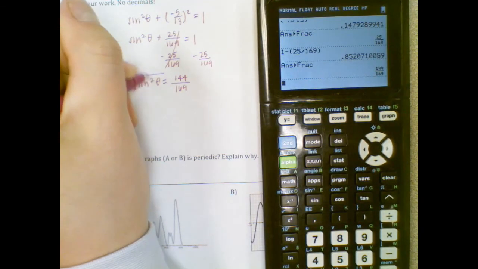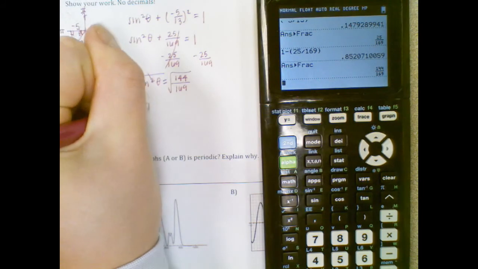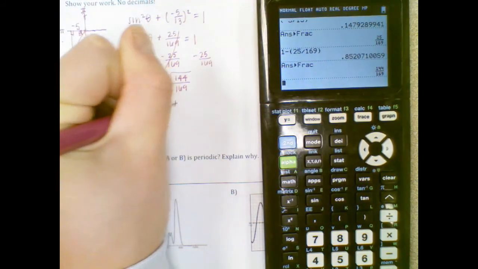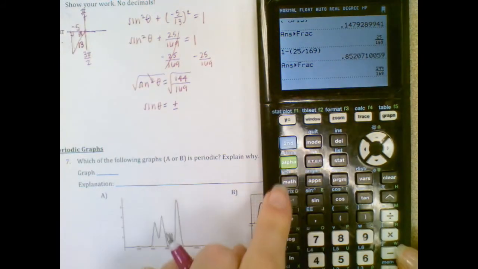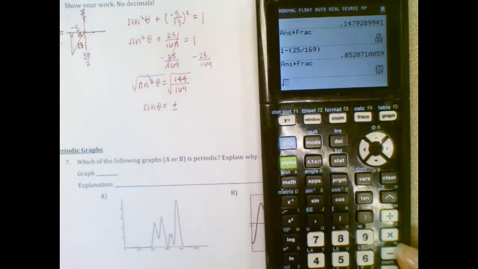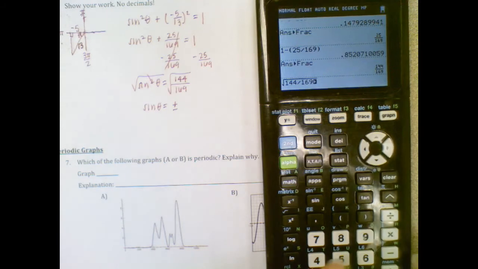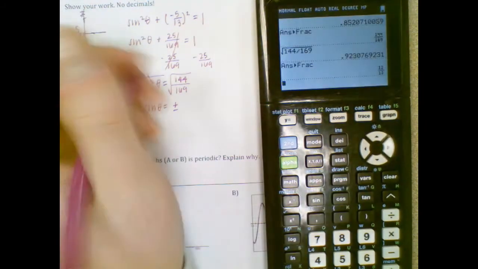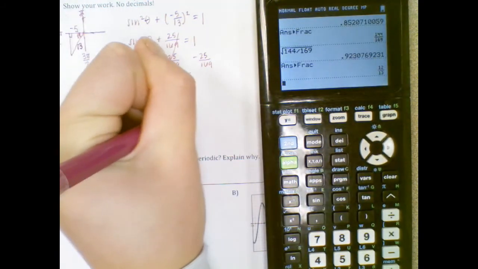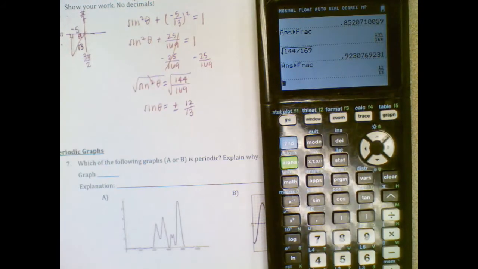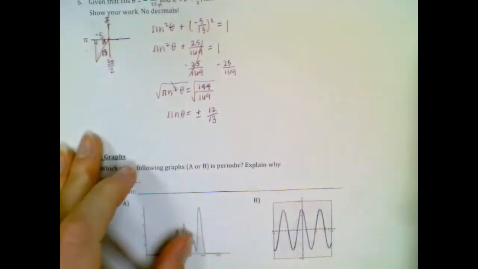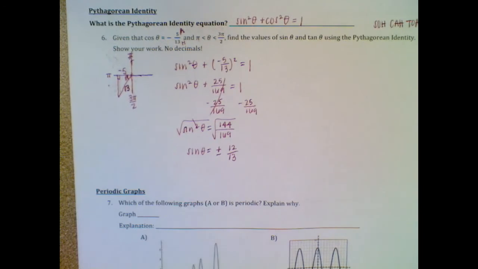Got to square root it to get rid of that square, right? So sine of theta equals plus or minus when you take the square root of a number. So square root of 144 divided by 169, 12/13. All right, so now we need to decide if that is positive 12/13 or negative 12/13.